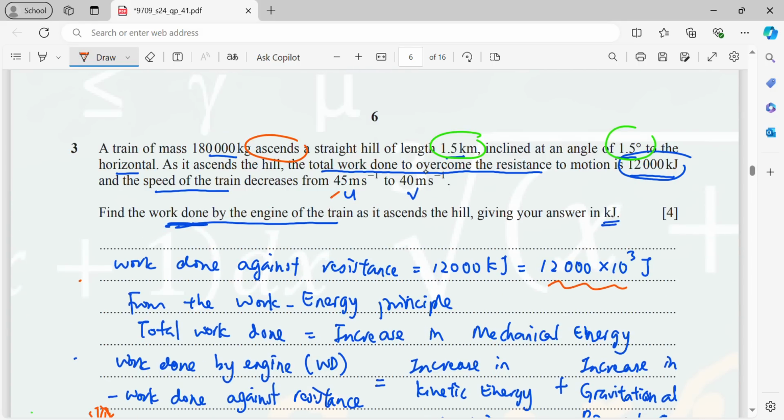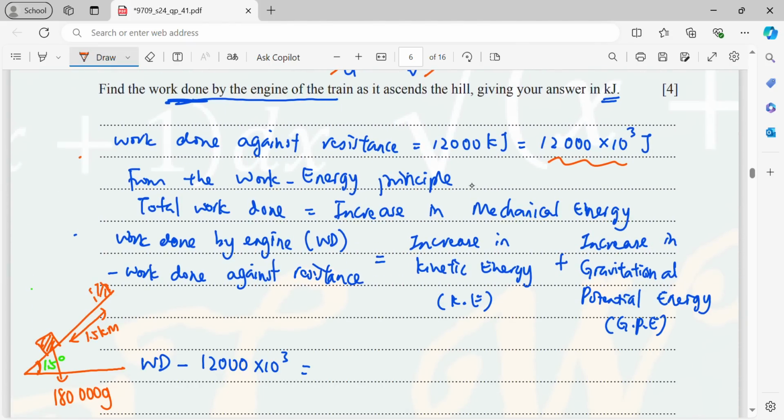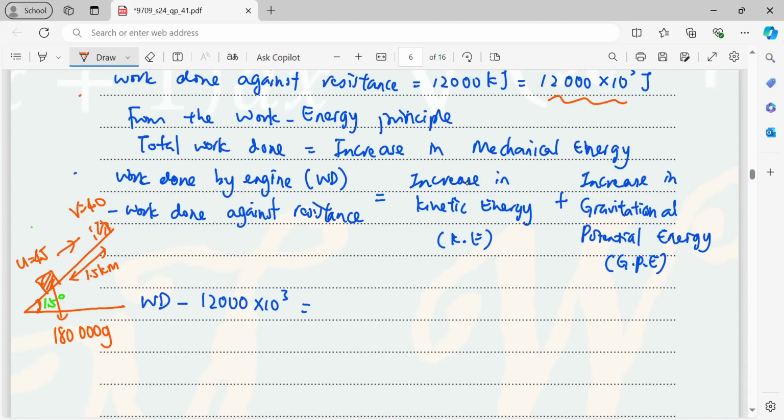Then U is 45, V is 40. So the train is going up. Now, you need to find the increase in kinetic energy. So increase in kinetic energy is basically the final KE minus initial kinetic energy.